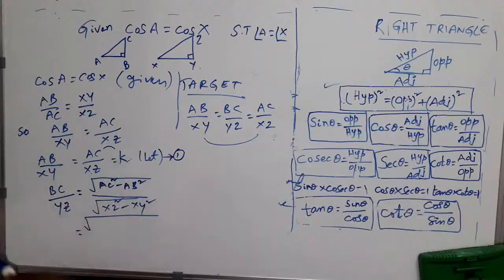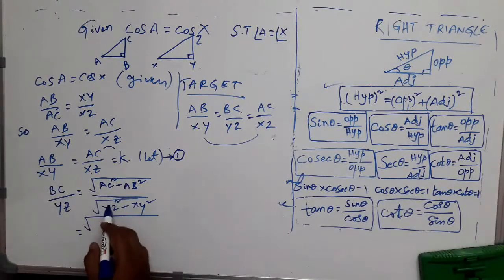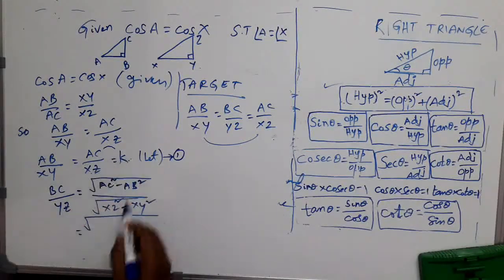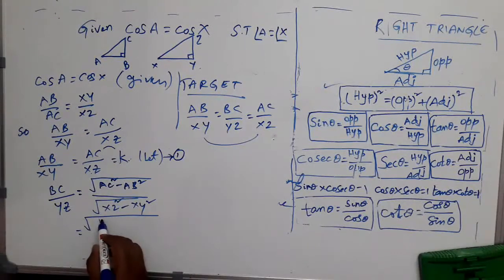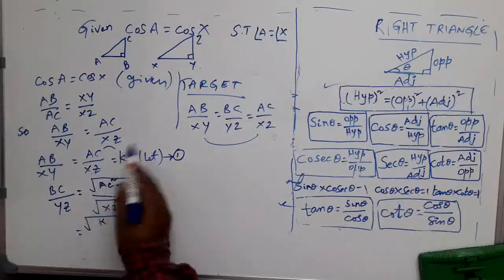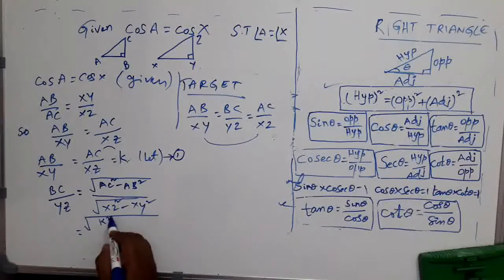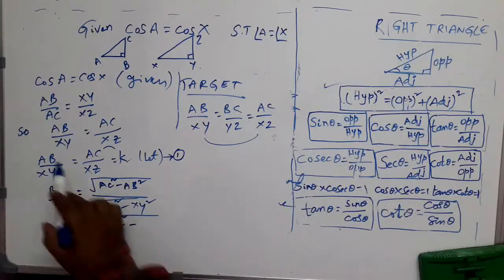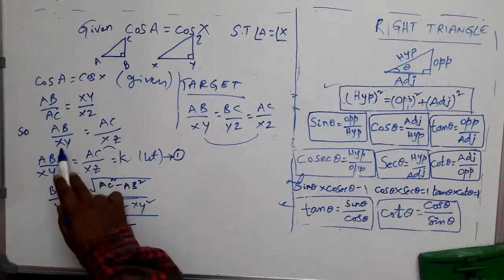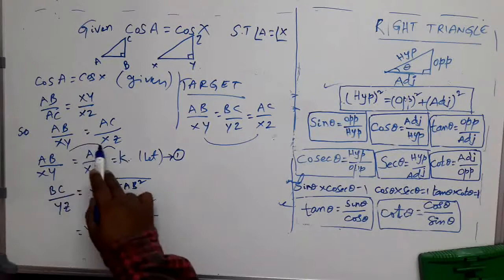Can I write like that? Yes, from this AC is K times XZ. So AC square can be written as K square into XZ square, minus, in the same way, AB, see this, AB by XY is equal to K.